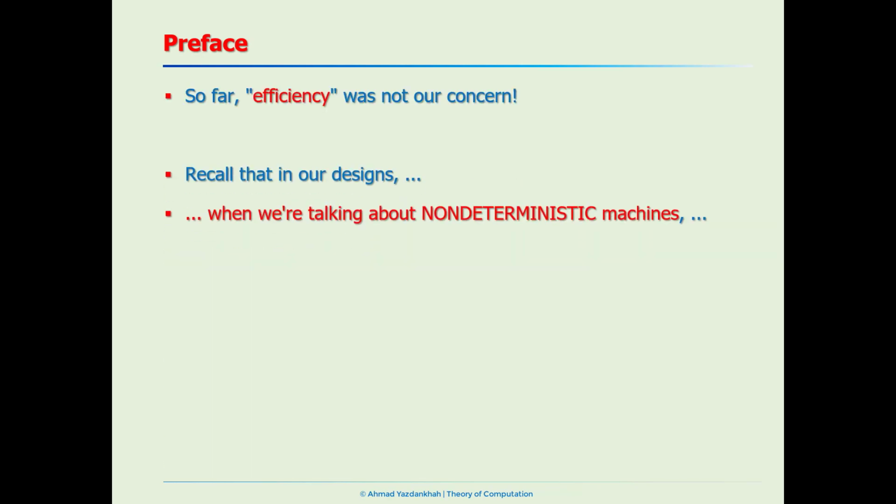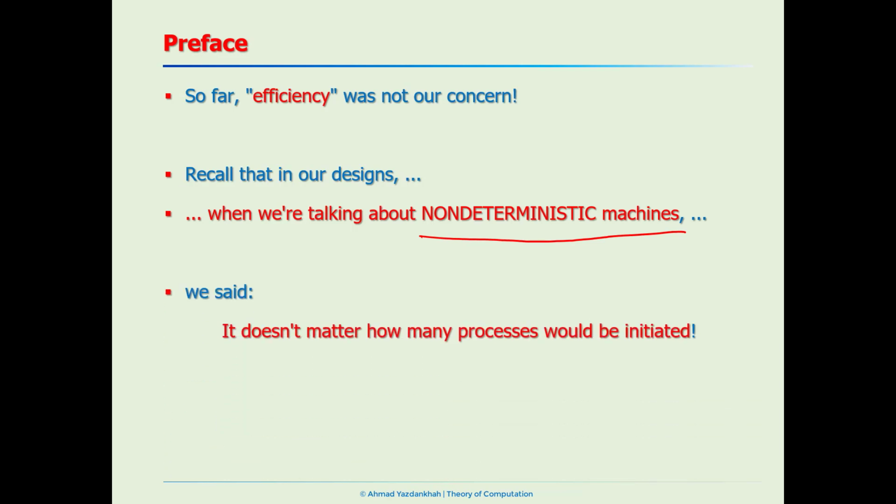So far, we didn't care about efficiency. Many times, especially when we were talking about non-deterministic machines, I said, oh, we don't care how many processes would be initiated, 1, 2, 5 millions. But in reality, in the real world, this is not the case.